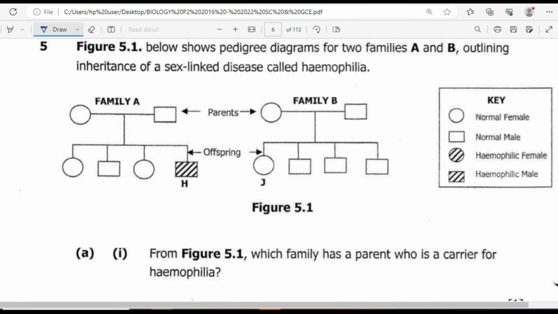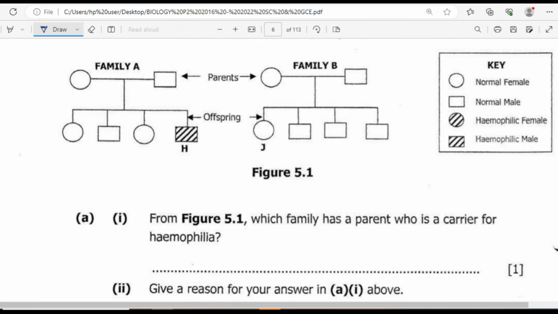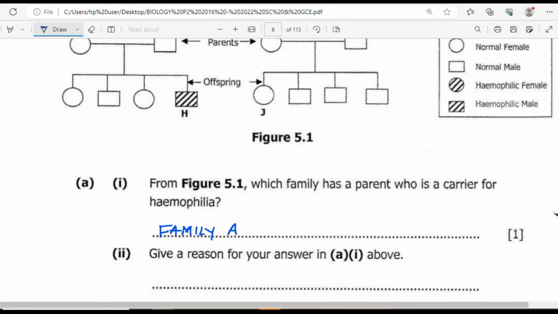Now let's have a look at the first question. A1, from figure 5.1, which family has a parent who is a carrier? We know that it's family A. Why do we say so?